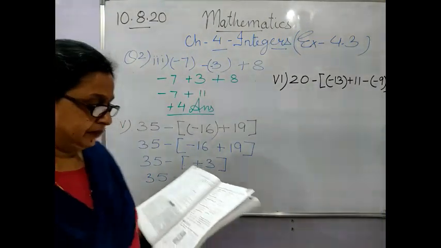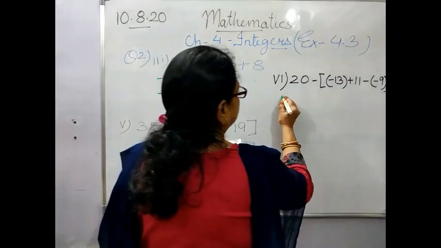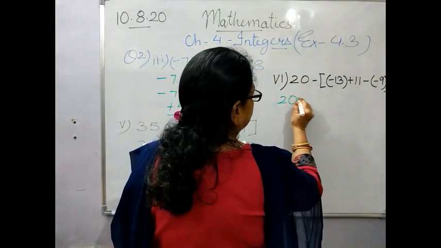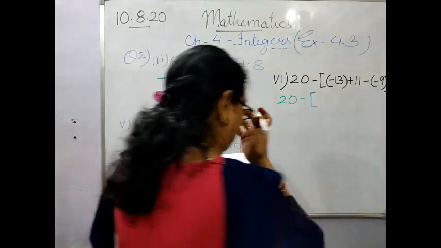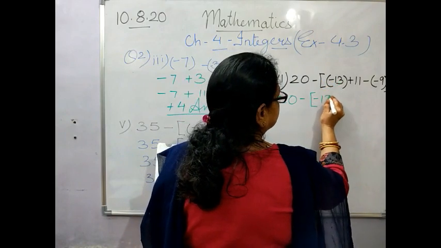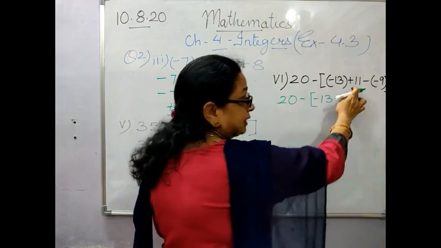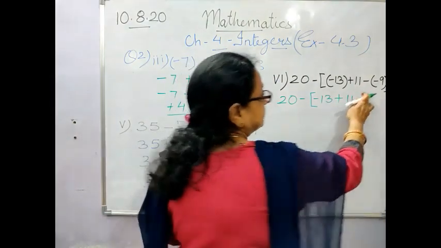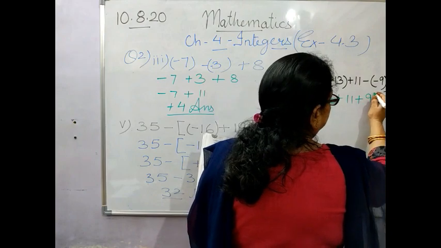Now I'll solve it. First of all, as usual, we will solve the brackets. There is no bracket, so it is 20 minus. First we will solve this. Open it. This is plus, this is minus, so it is minus 13 plus 11. There is no bracket, so we will bring this number down as it is. Minus and minus will bring plus 9.